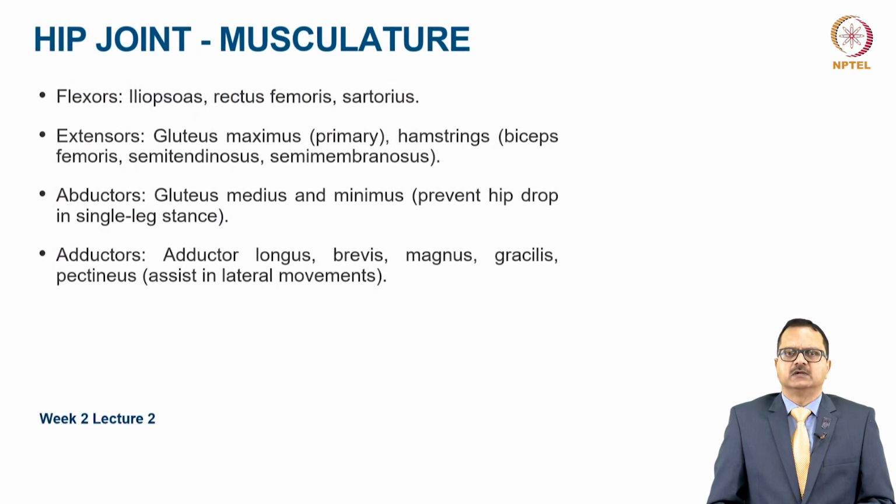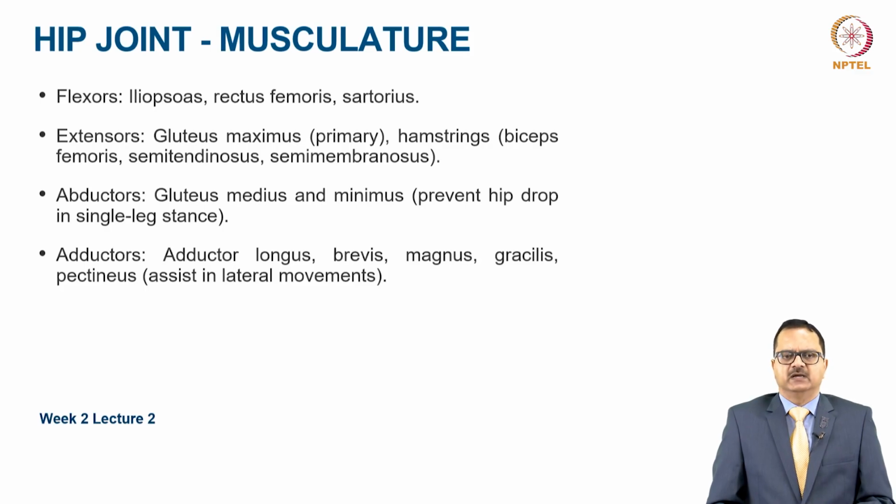The muscles surrounding the hip joint: the muscles which cause flexion are the iliopsoas, the rectus femoris, and the sartorius. The muscles which cause extension are the gluteus maximus, the hamstrings, which comprise the biceps femoris, the semitendinosus, and the semimembranosus.